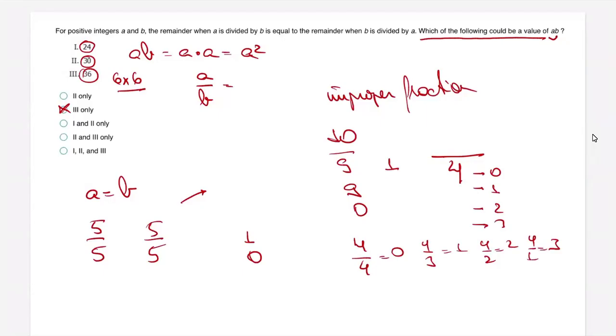Okay? 4 divided by 5 is 4. What are the possible remainders when 6 is divided by an integer from 0 to 5? Do you agree or not? Yeah. Got it. Thank you.